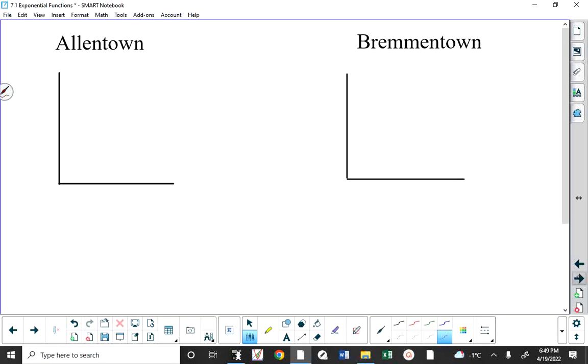Allentown is starting off at 75K. Brementown is starting off with a population of 10K. But Brementown is increasing at 9% per year. Allentown is decreasing.